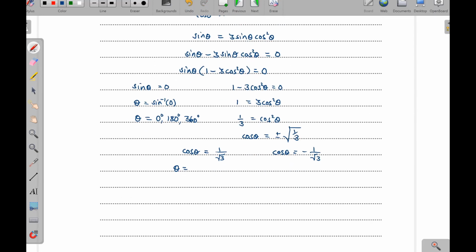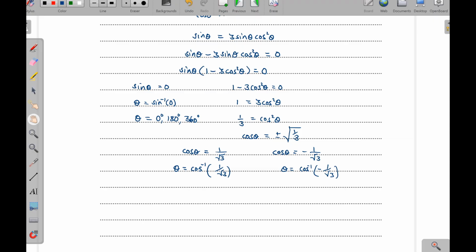Then your theta here is going to be the arc cos of 1 over root of 3. Then your theta here is going to be the arc cos of negative 1 over root of 3. So cosine is negative in the second quadrant and third quadrant.